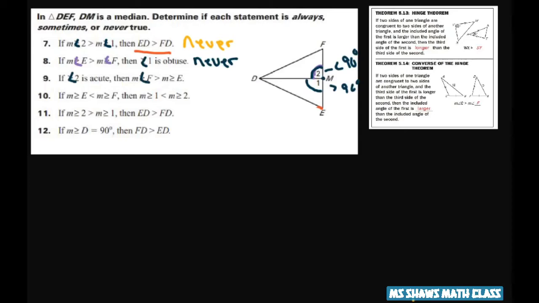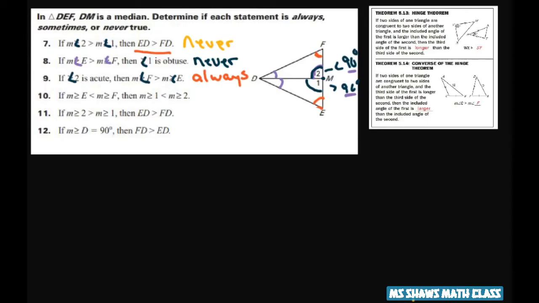So the measure of angle F is greater than the measure of angle E. That's always going to be the case because these two angles are the same. If this angle is less than this angle, then this angle has to be greater, because the measurements have to equal 180. So this would be always.